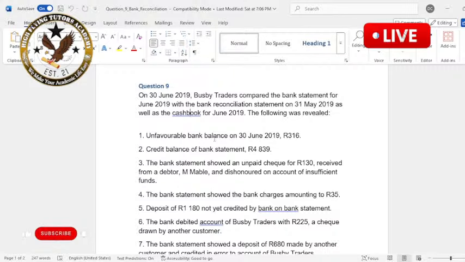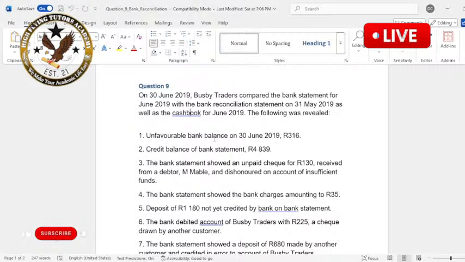And then secondly, we go to the credit balance of the bank statement. The credit balance of the bank statement is the favorable side. So it means our balance according to the bank statement, or balance as per bank statement, is going to be recorded on the credit side of the bank reconciliation statement.